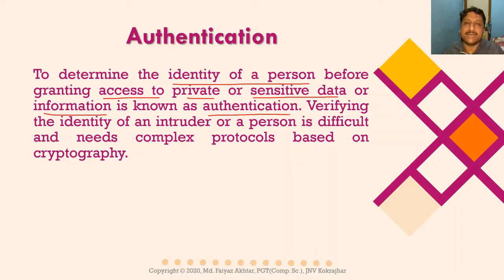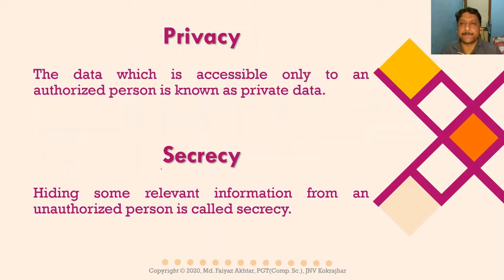For example, giving a username and password is your identity, and using this identity a system can authenticate that you are the real user of that account. Verifying the identity of an intruder or a person is difficult and needs complex protocols based on cryptography. Cryptography can also be used to authenticate a user.